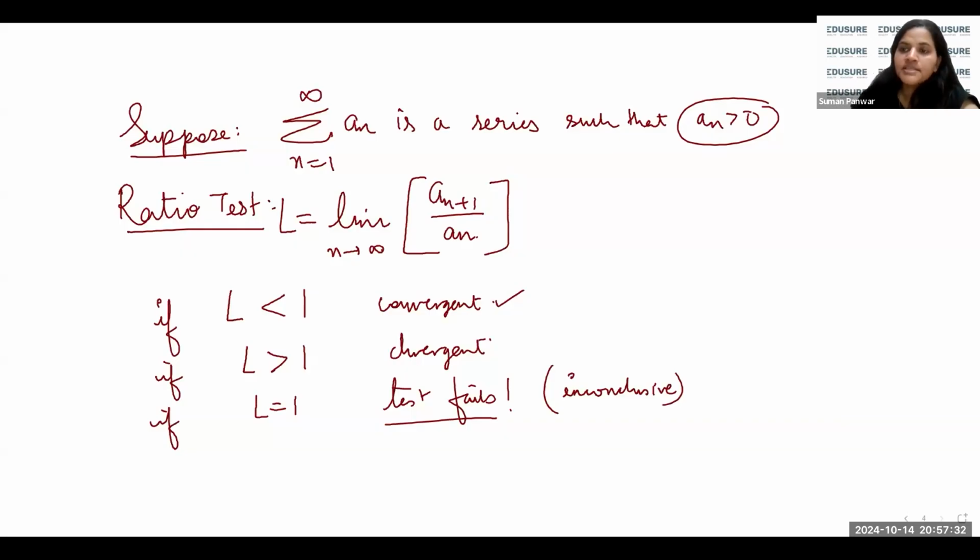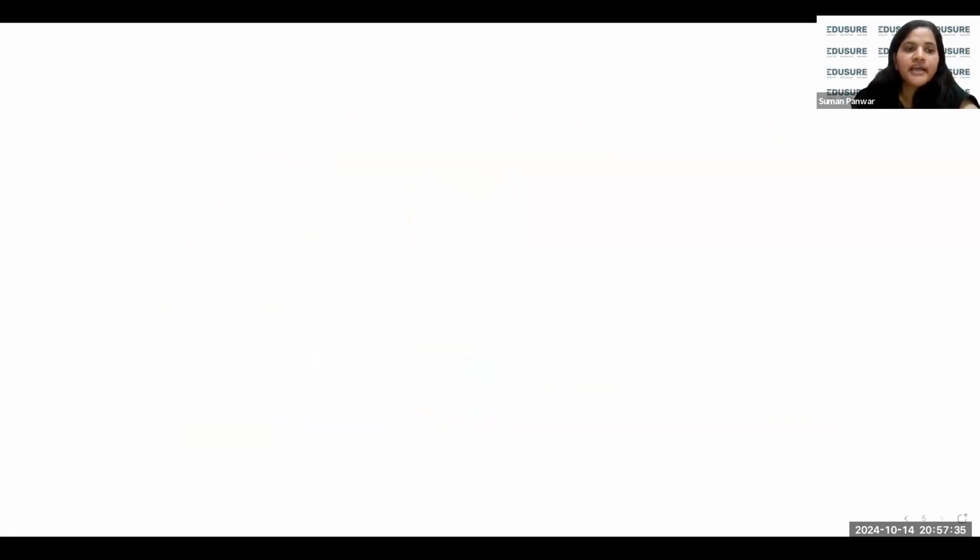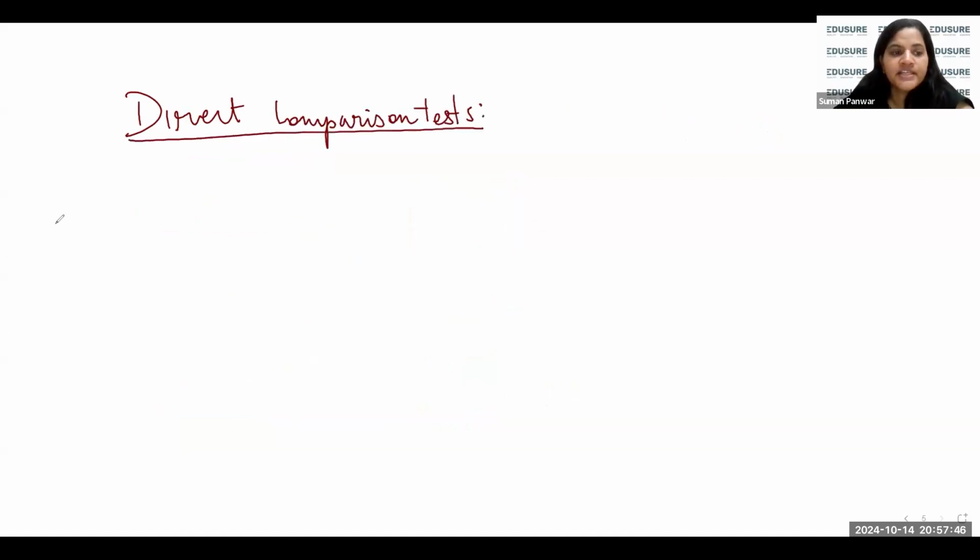So now we discuss another test which is known as the direct comparison test. Okay. So as the name suggests, direct comparison test, what is it? So if sigma a_n, n going from 1 to infinity. Now I am again and again writing n going from 1 to infinity. You can even miss that part because it's not very important, it's obvious.